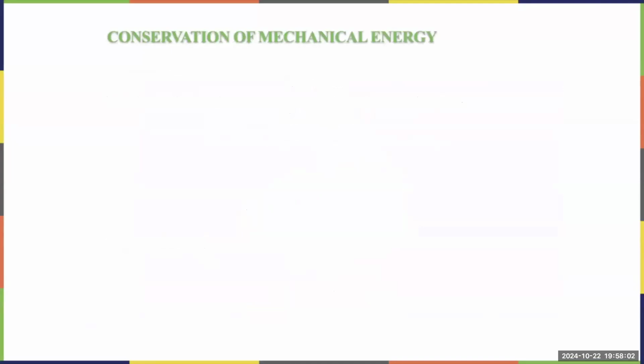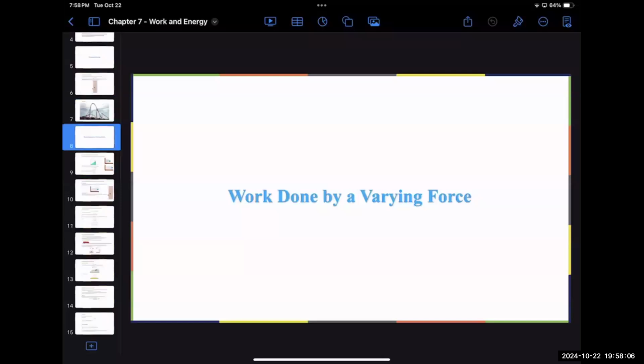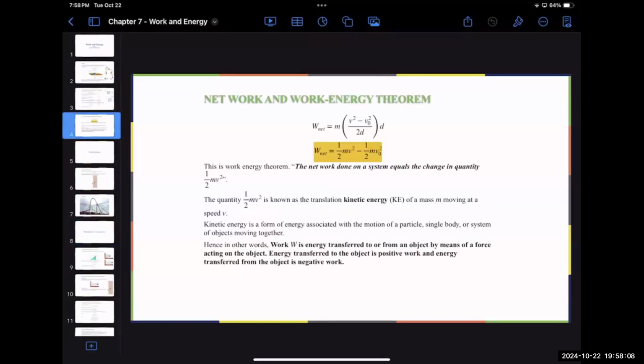So if I go here, this is the work energy theorem, where the net work done is what? The difference in kinetic energy, initial and final kinetic energy. Do you remember?